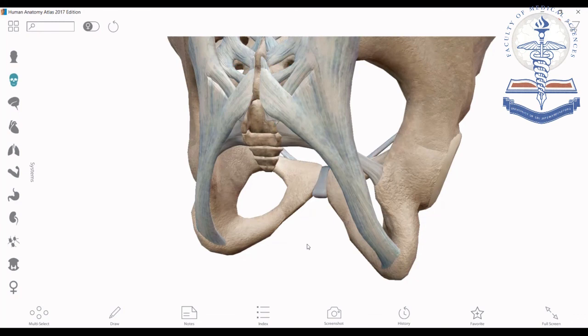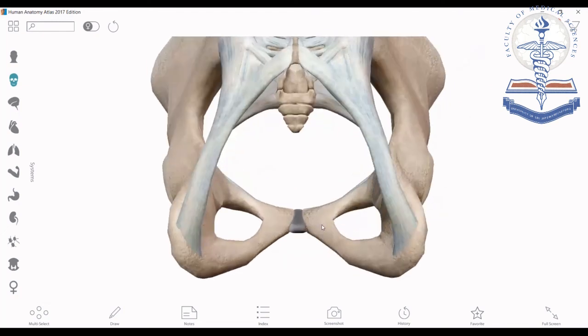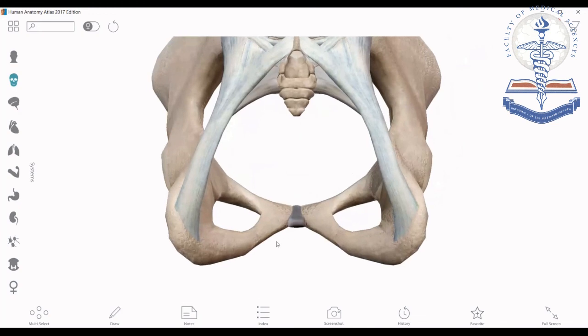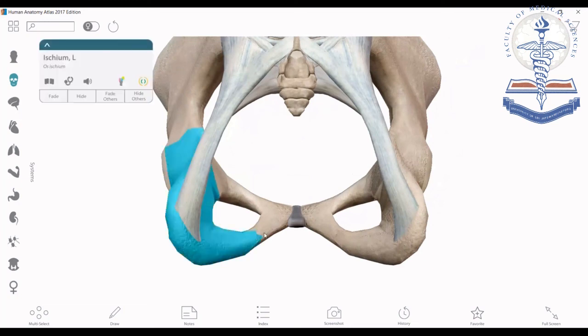When we consider the anatomical pelvic outlet, as you all can see, it is diamond-shaped. The diamond-shaped pelvic outlet is made by the pubic arch anteriorly, posteriorly by the tip of the coccyx, and on either side by the ischiopubic rami and the sacrotuberous ligament.